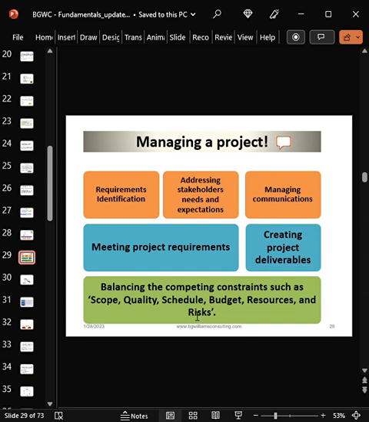So, which means in the issue of balancing constraints, project managers, you must at all times check the impact. Please, if you can be writing all these things down, it's very important. You must at all times check the impact of a constraint on every other constraint. Example, just like in the case of a project, the way Lola gave us that example, and the customer came later and said, you know what?